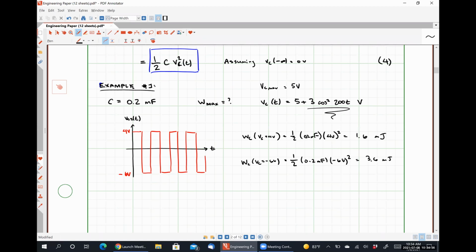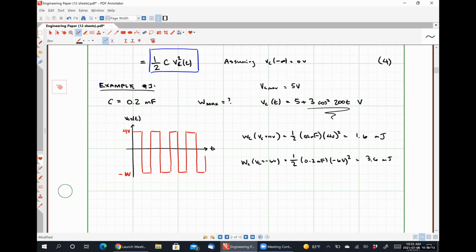Now we have to deal with this sinusoidally varying part. Let's not worry about the 3 just yet. What is the maximum value of a cosine function? Would it be 1?